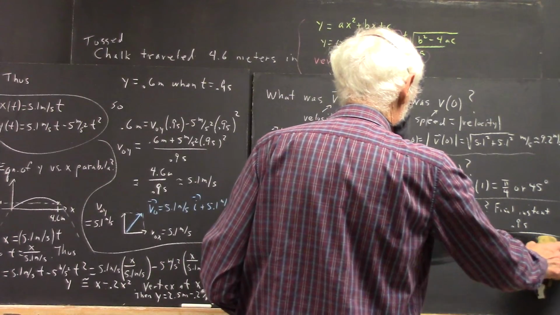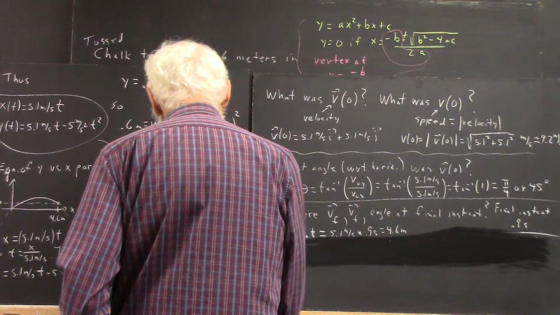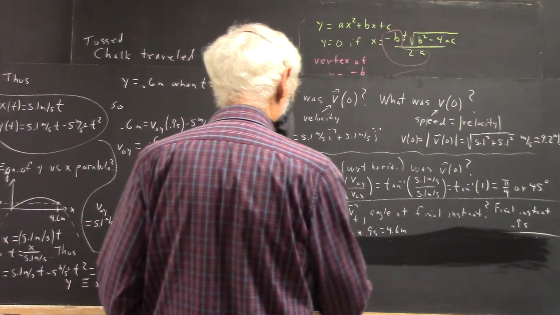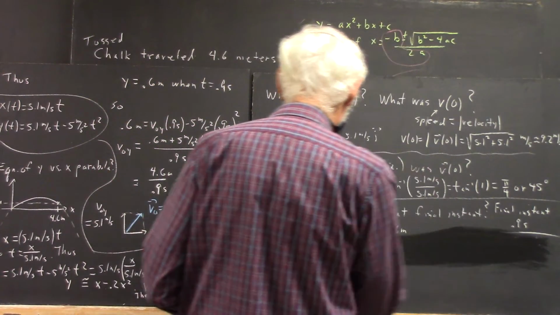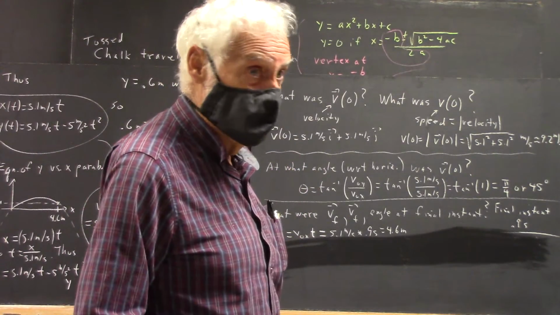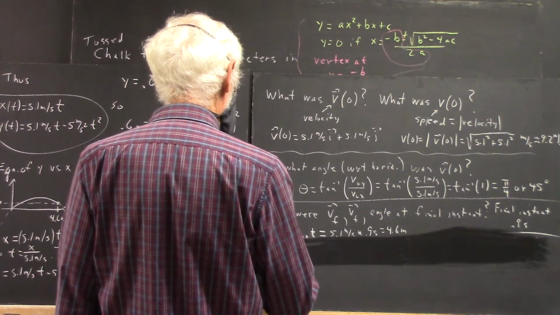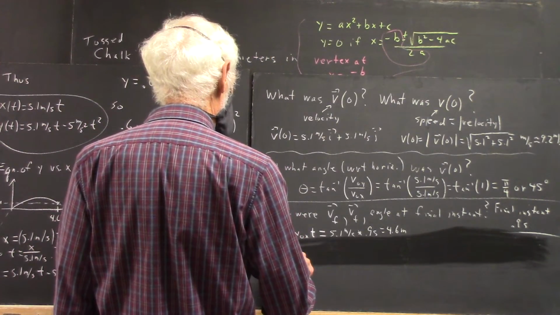I wrote the equation down mindlessly. I wrote the equation for the position, not for the velocity. Of course, I did that intentionally, hoping somebody would catch me. Okay. Can't tell behind your mask whether you're laughing or not. You should be.